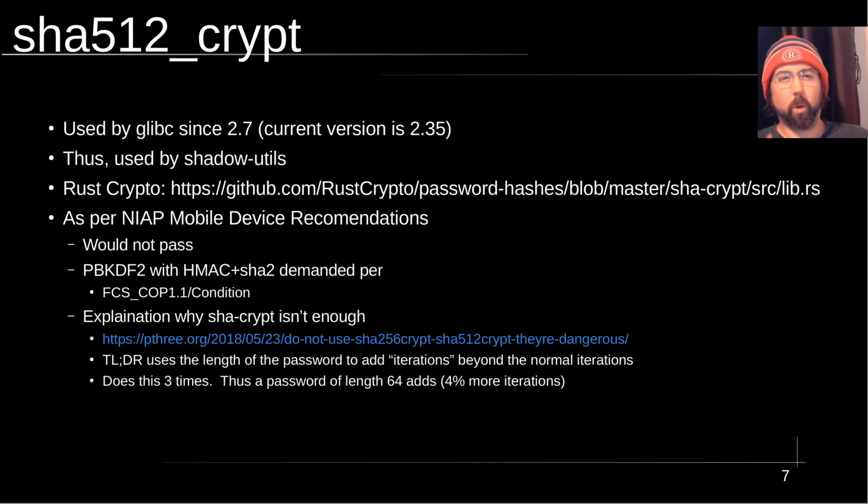I will get into more detail about PBKDF2 in the next video. Specifically, what you need to use for your password derivations is FCS_CKM.1.1 condition. You'll find the link down below about that.